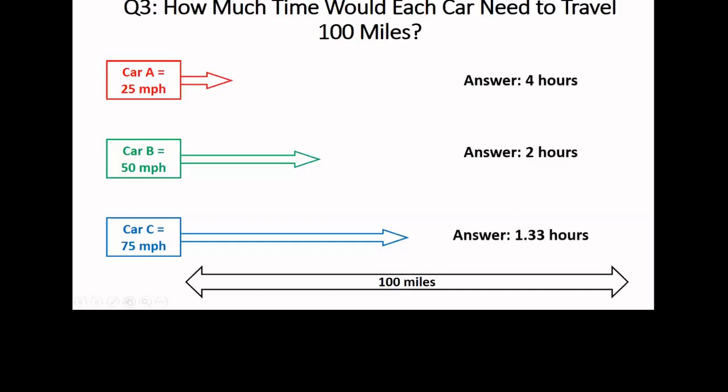So to determine the amount of time it would take to complete this 100-mile trip, I can take the distance, which is 100 miles, and divide it by each of the individual speeds. I get 4 hours for car A, 2 hours for car B, and 1.33 hours for car C.